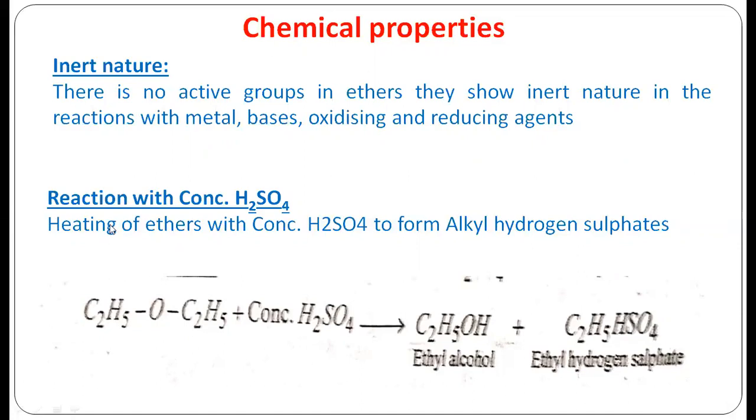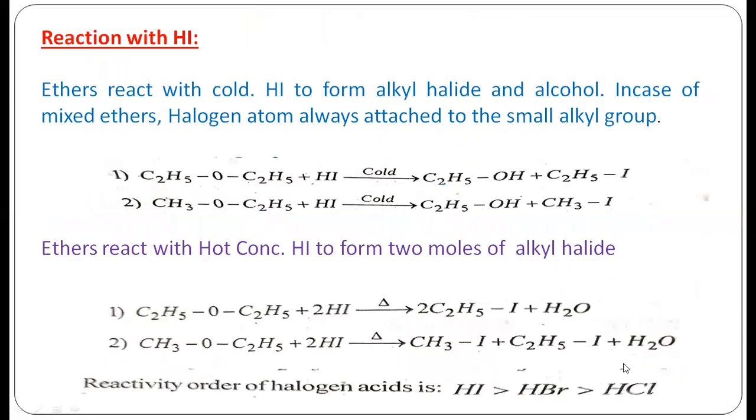If you see the reaction with concentrated H2SO4, heating of ethers with concentrated H2SO4 produces alkyl hydrogen sulfate. So this is diethyl ether; when it is heated with concentrated H2SO4, it produces ethanol as well as ethyl hydrogen sulfate.